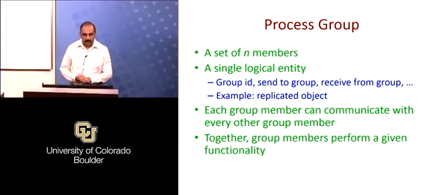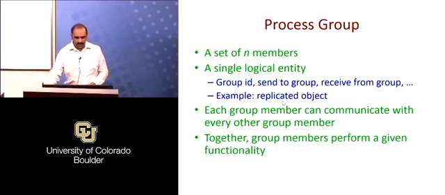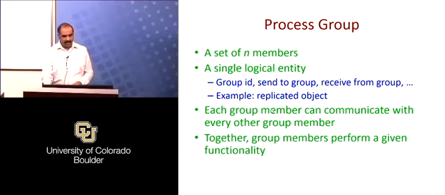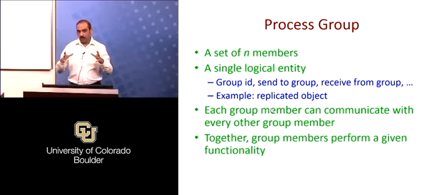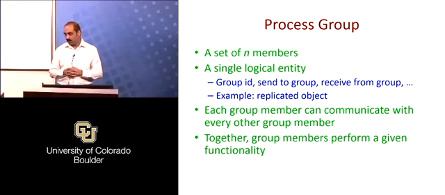The other thing about the group members, or in this case each of these replicas, is that they communicate with one another to maintain a consistent state. Each group member can communicate with every other group member.